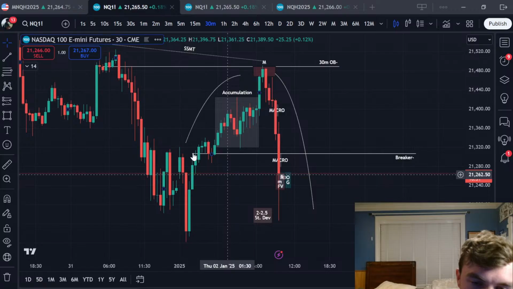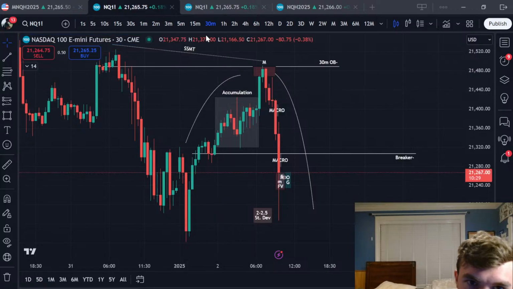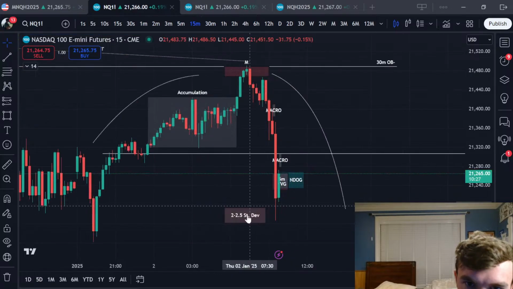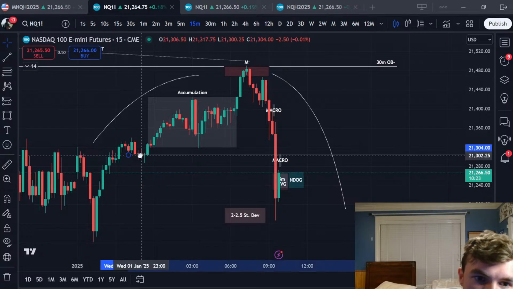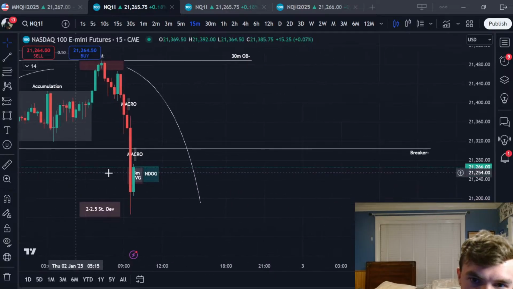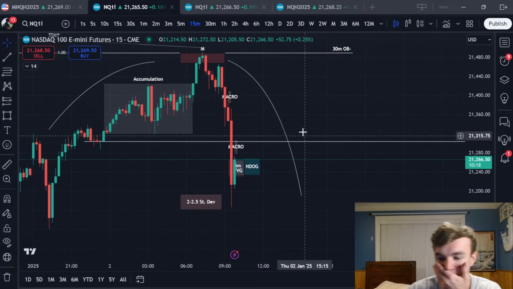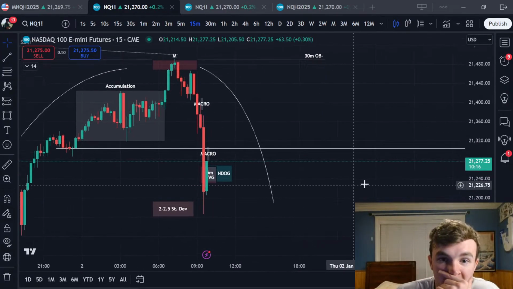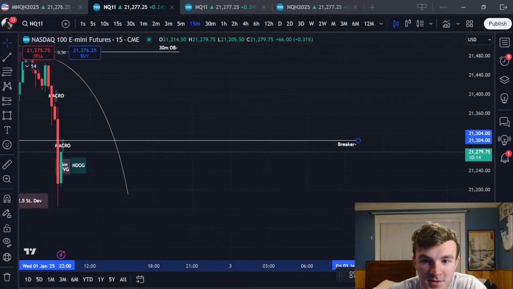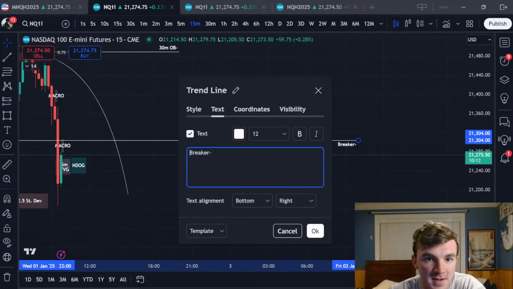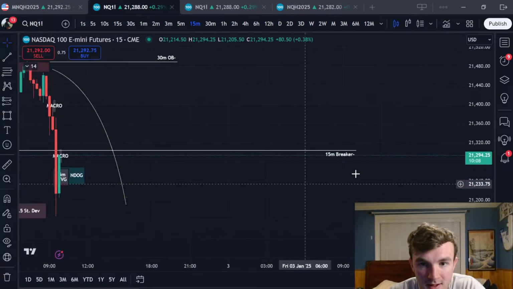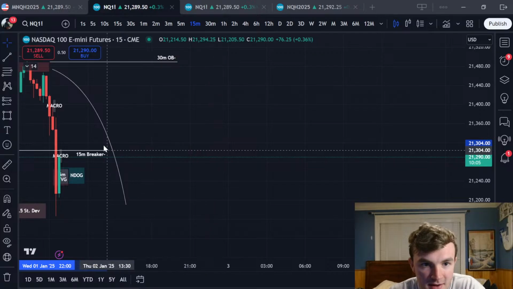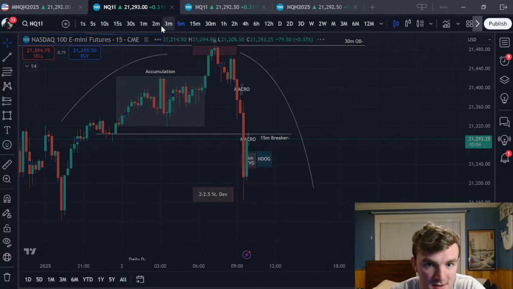That's why I say that, because we could go retest that, but it's not really a thing until the hourly candle closes. But this 15-minute one is, because we did get a 15-minute close. So let's see how we respond to this.